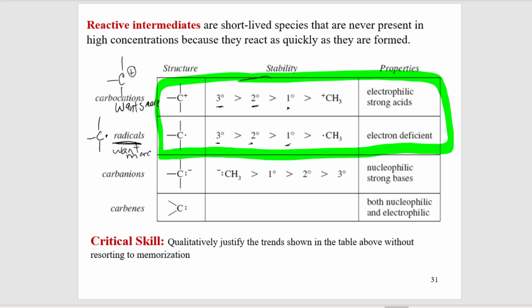Whenever your mechanism gives you an intermediate with a carbocation or a radical, you already know thermodynamically that those intermediates will be lower in energy if they're tertiary versus secondary versus primary.